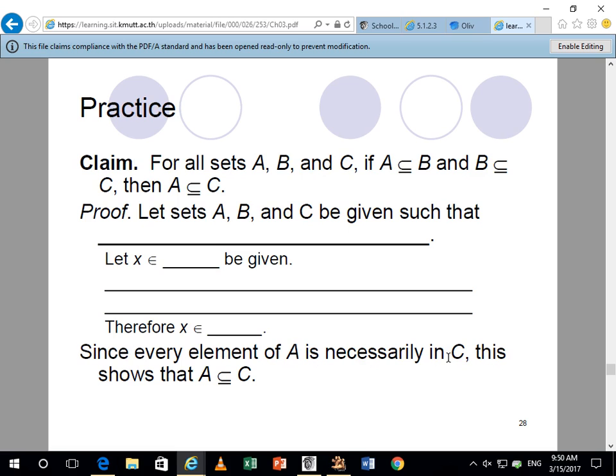Let sets A, B, C be given such that, what do we fill in here? A is a subset of B and B is a subset of C. Right? That's given to you. What we want to prove is this. What's given to you is this if statement. If this is true and this is true. So we'll put that in.